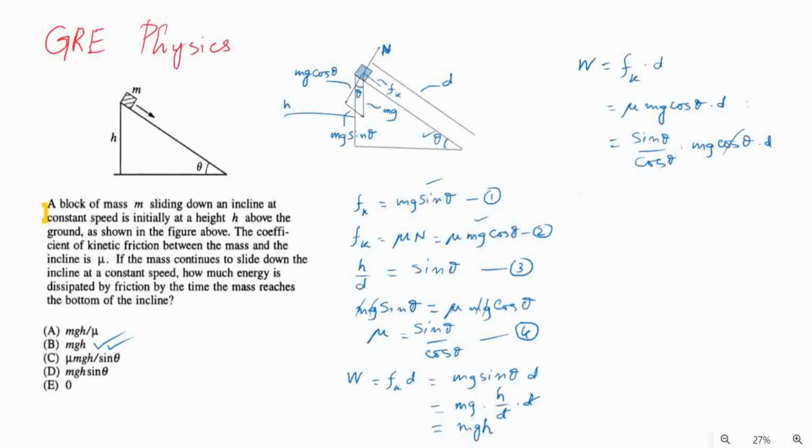Now this cosine theta cancels with this cosine theta here, and sine theta is from equation number 3 equal to h by d. So write down h by d instead of sine theta, times mg times d. So d and d cancel out, and you again get the same answer, mgh. So mu does not appear in the answer, and the correct answer is mgh again.